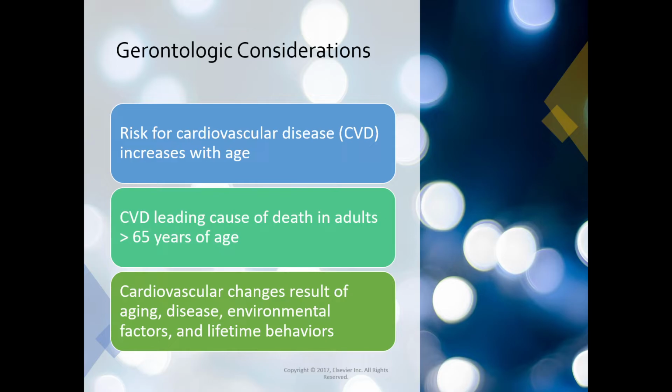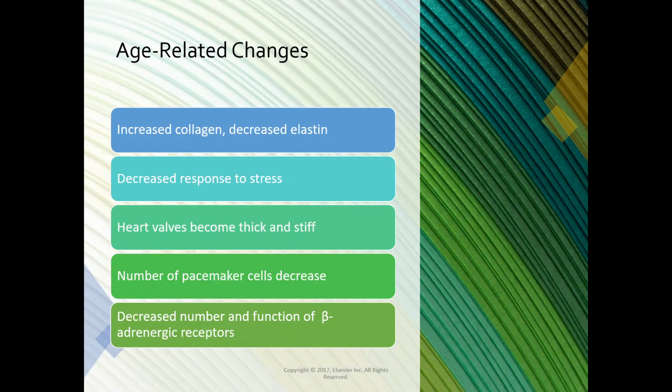So the truth is that a lot of the physiological changes within the cardiovascular system of elderly people are a result of a combination of that aging, but also of the disease itself that they may have, like diabetes or hypertension, the environmental factors and the lifestyles, and their health behaviors rather than just age alone. So yes, age puts people at risk, but all the other factors need to be taken into consideration. Age does not equal problem, is what I'm trying to get at.